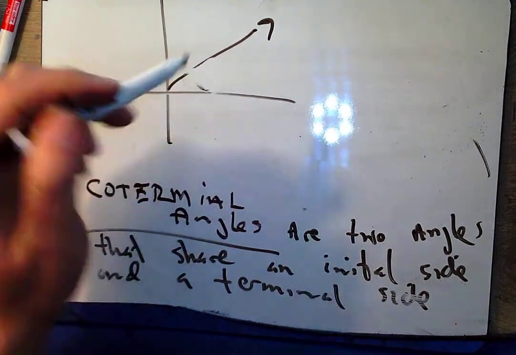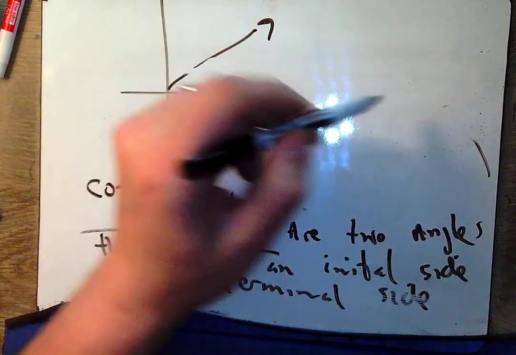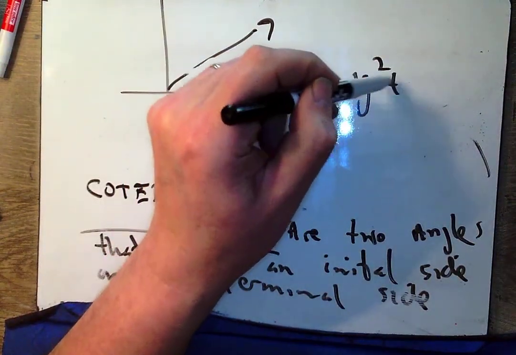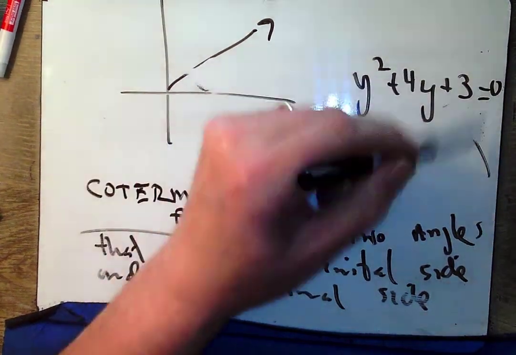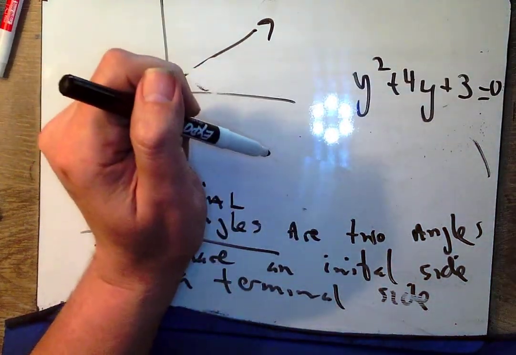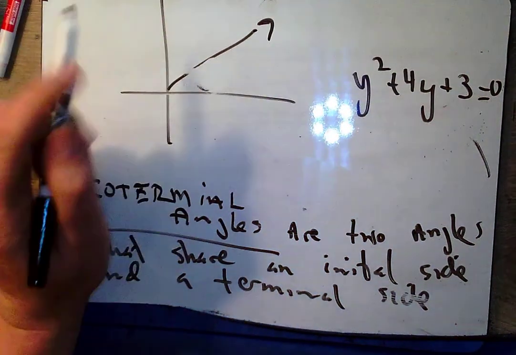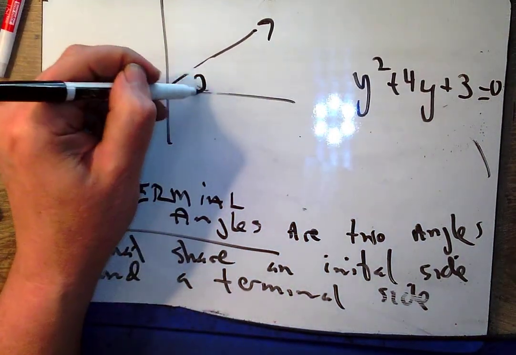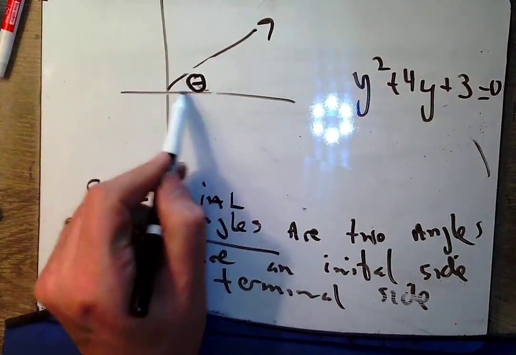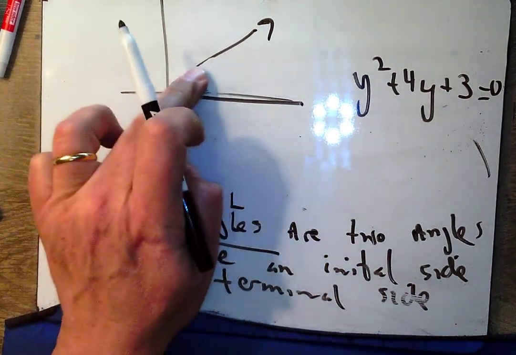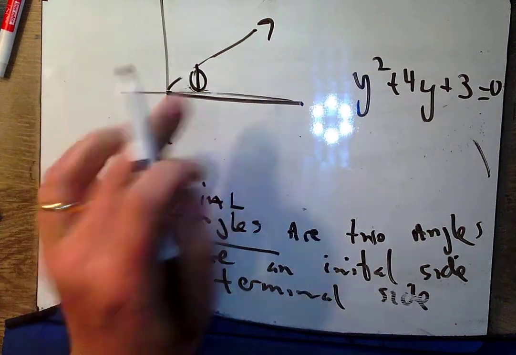We're going to be naming these angles different ways, just like we would maybe see y squared plus 4y plus 3 equals 0. We didn't always use x's. Sometimes we said, hey, let's throw a different letter in there. With angles, the most common letter that we use to describe angle is theta, and the second most common will be phi.